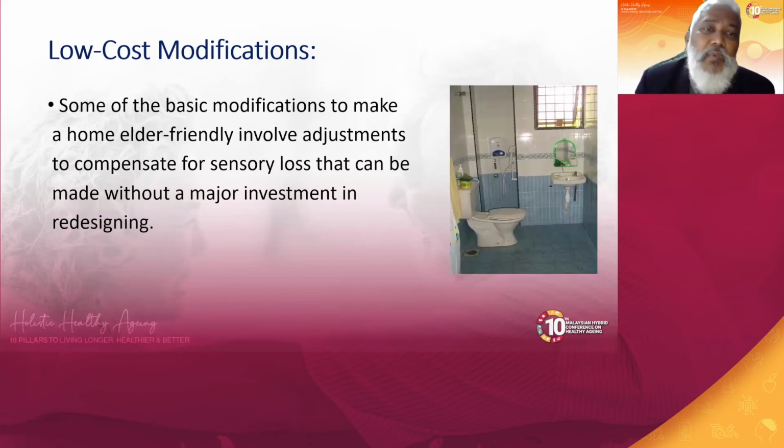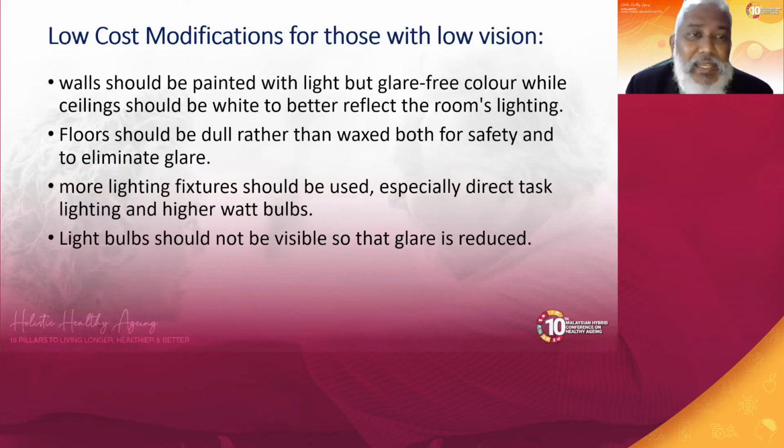So I mentioned low cost modification. Low cost modifications are some of the basic modifications to make a home elderly friendly, and they won't involve just adjustments to compensate for sensory loss that can be made without major investment or redesigning. So it's very minimal cost and easily done. Some examples might be walls painted in light colors to reduce the glare, and floors better to be dull rather than waxed or very slippery, which can sometimes give glare.